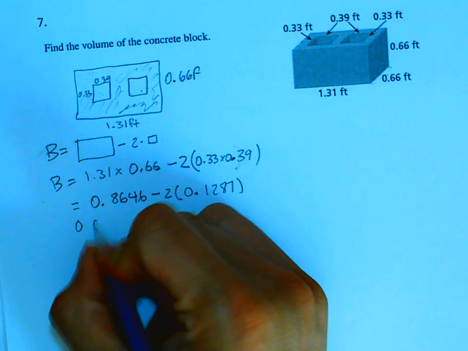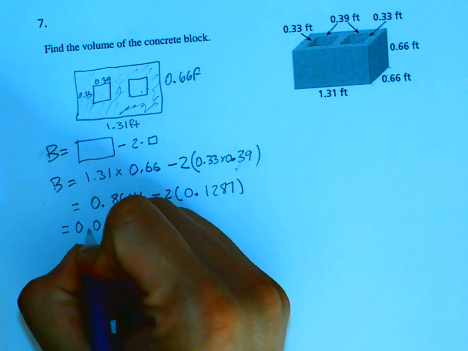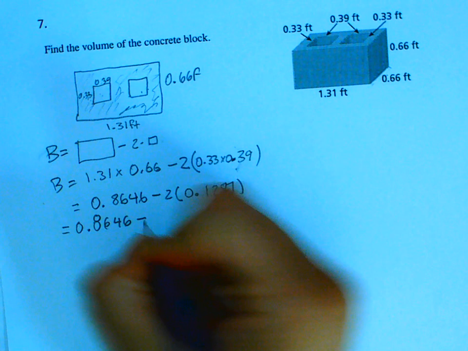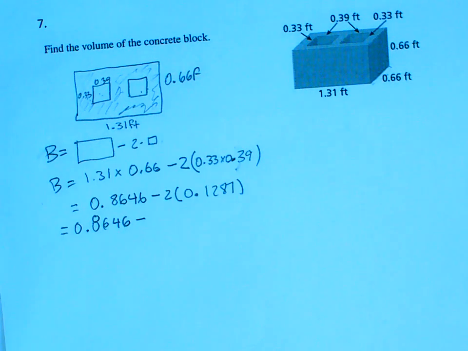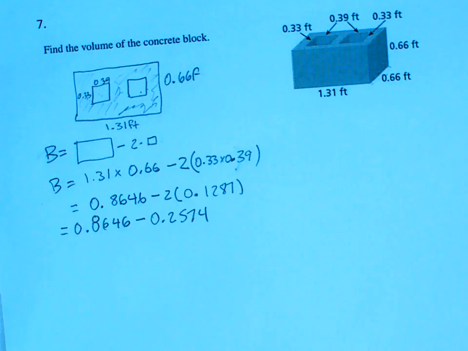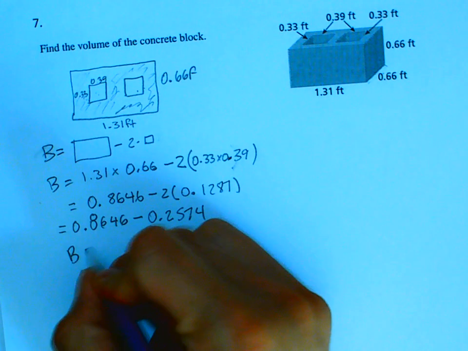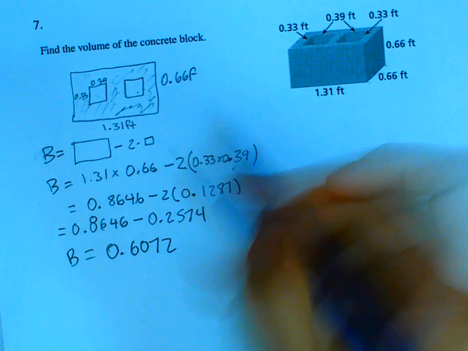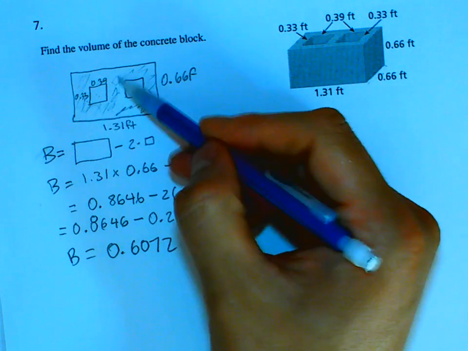A lot of decimals, guys. Okay, let me clear that again. 0.1287 times 2 is 0.2574. Okay, subtract that from 0.8646. And the area of the base is 0.6072. So that's the area of the base right there.